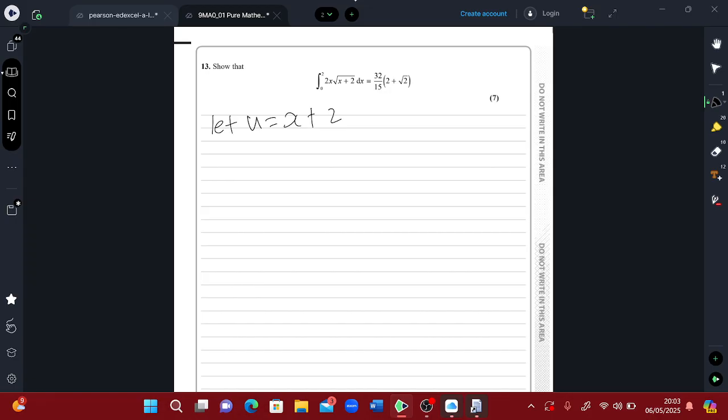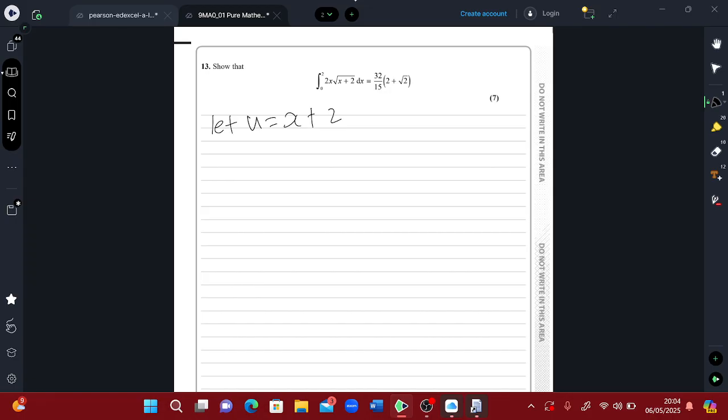With A level maths specifically, if it doesn't tell you what substitution to use, it should be a fairly obvious and simple one. So here, the most obvious one is x plus 2. You could use it squared as well, but let's stick with this for now. We can adjust the substitution if it doesn't work out.